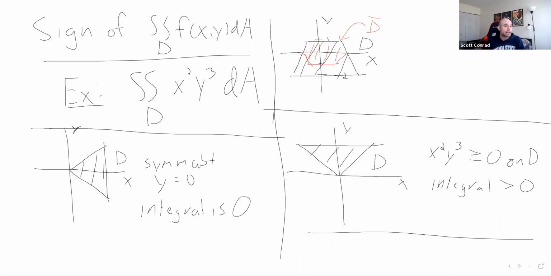Notice that lies entirely inside of D. So the integral over D bar of our function, x squared y cubed, is going to be 0, because D bar is symmetrical in the y direction, and our function is y odd.